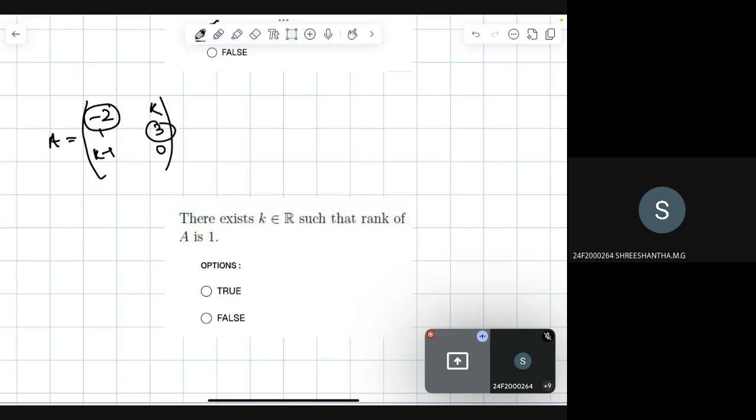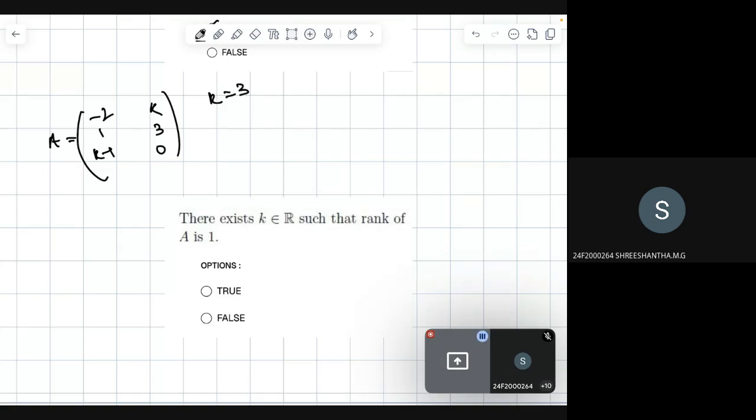These two are non-zero values. You can take any value of k, say k equal to 3.